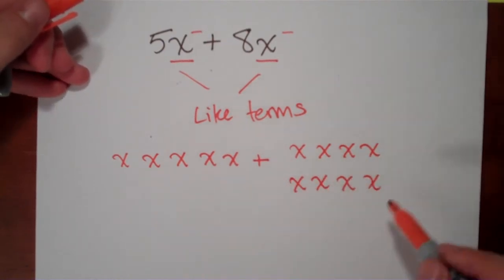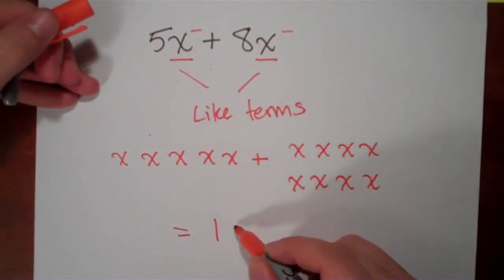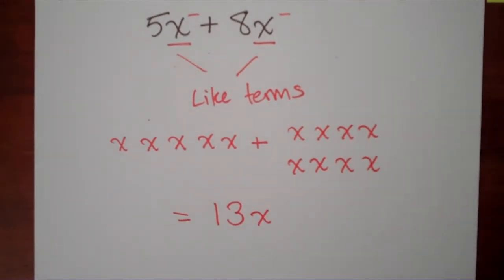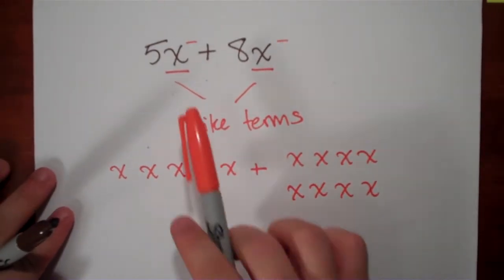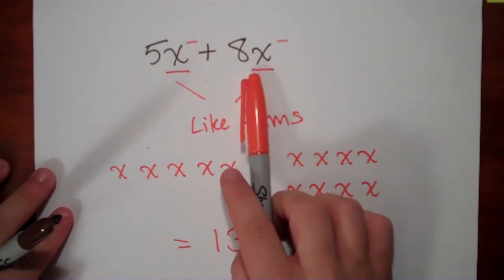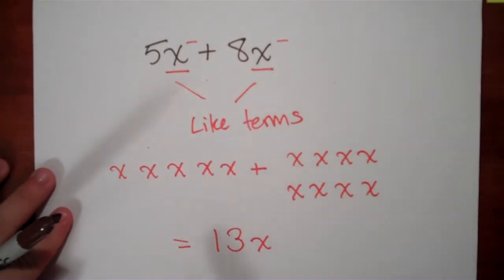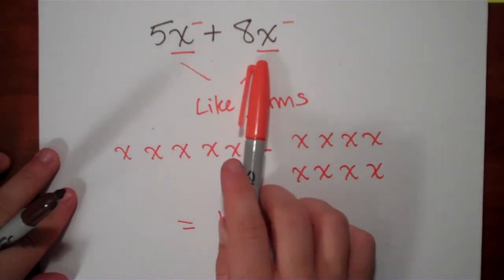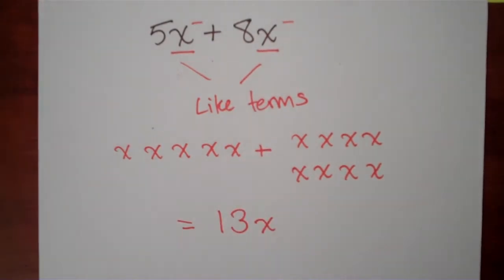If I add all these x's together, I get a total of 13x's. What did we really do? We had 5x and 8x. All we did was add 5 plus 8 and put it back in front of that x variable. So it's as simple as that. When terms are like terms, you can just add their coefficients together and get your answer.